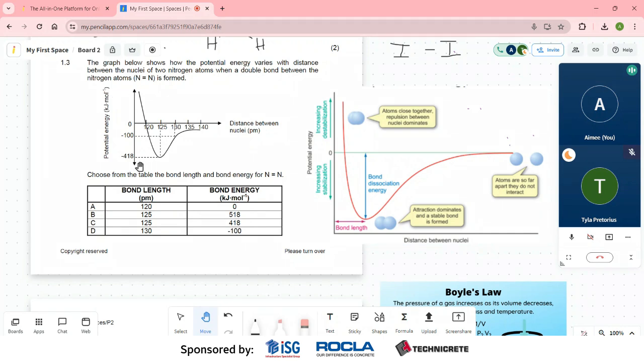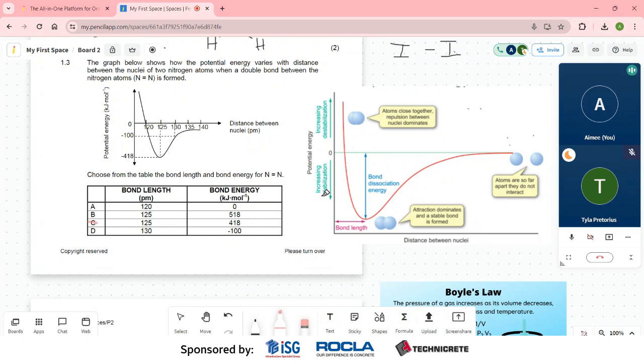So our bond length from 0 to the peak on our x-axis is 125 picometers, and our bond energy, which is from 0 to the peak on our y-axis, is 418. And that corresponds with option C. So C is your answer.